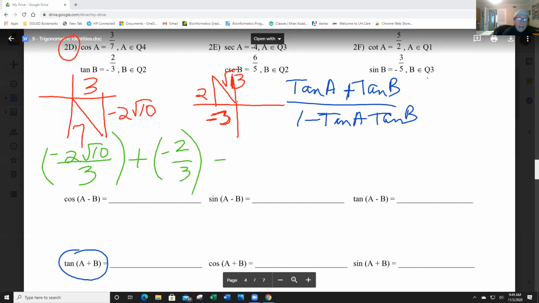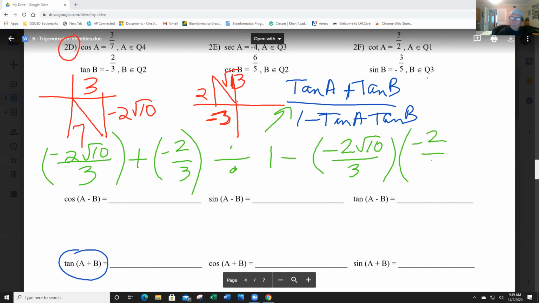And then this is divided by, okay, I'm going to change this line to divided by, because I'm going to turn something upside down there. Divided by 1 minus negative 2 radical 10 over 3 times negative 2 over 3. Wow. Okay, there's a lot going on there, okay?